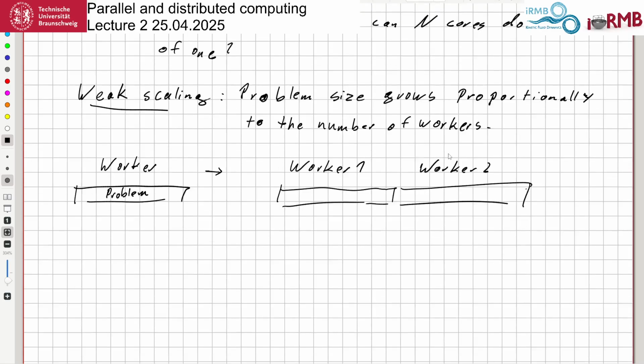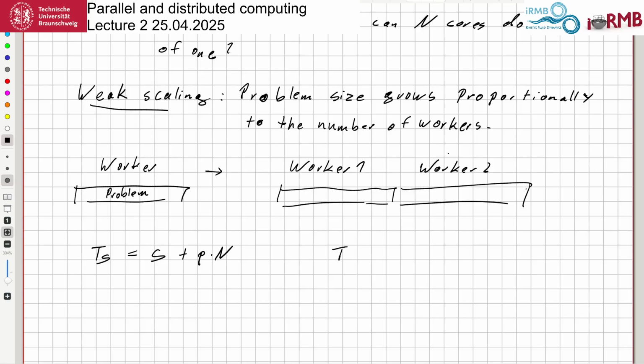So this means for our serial time, we have the time for the serial part plus P. Now P is the original amount of work for one worker. So if we have more workers, then we also have more work to do. So then it's P times N, because this is what we would do if everything would be in serial.